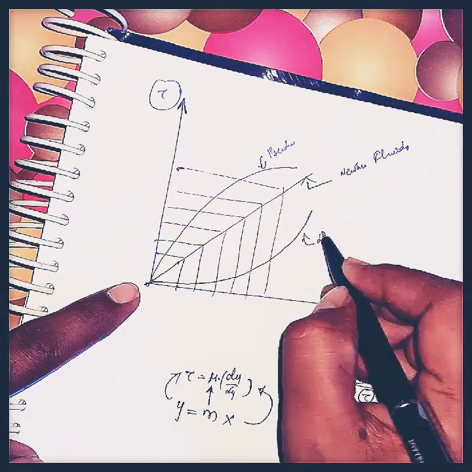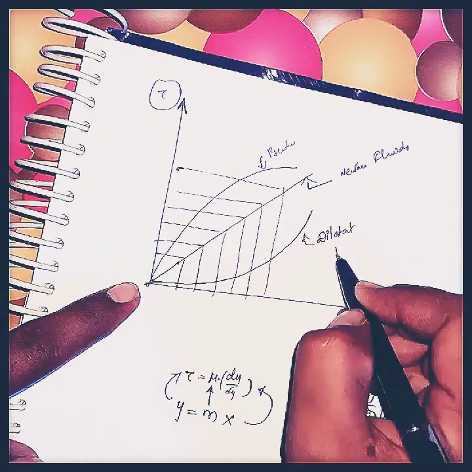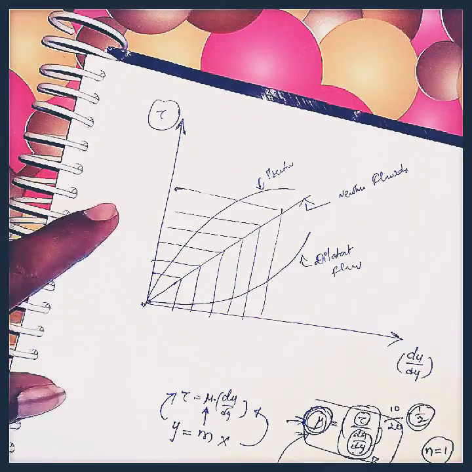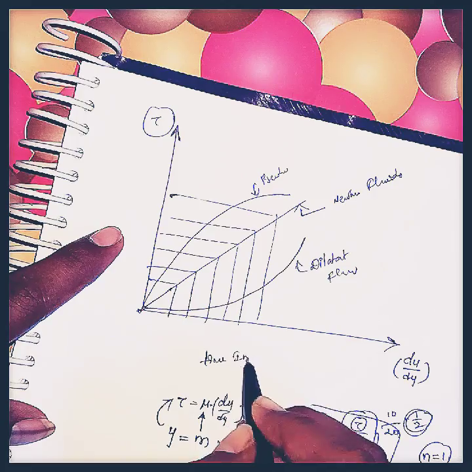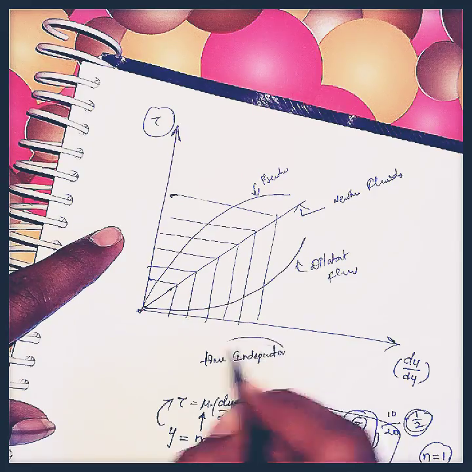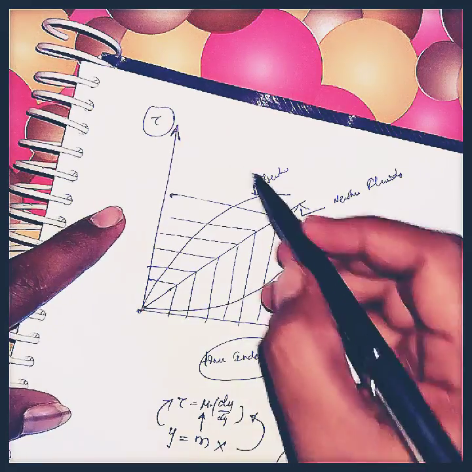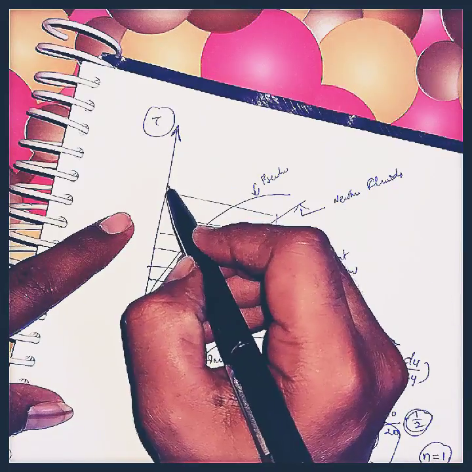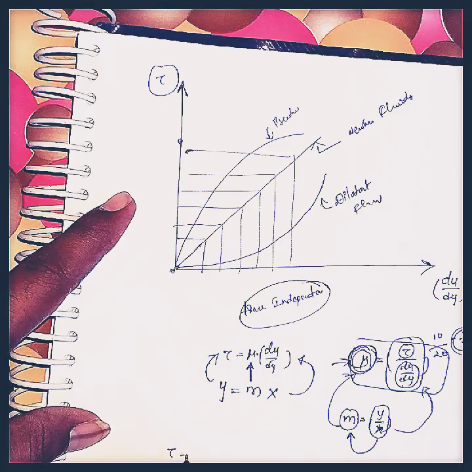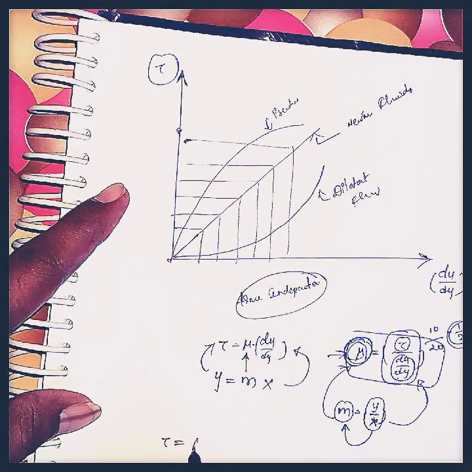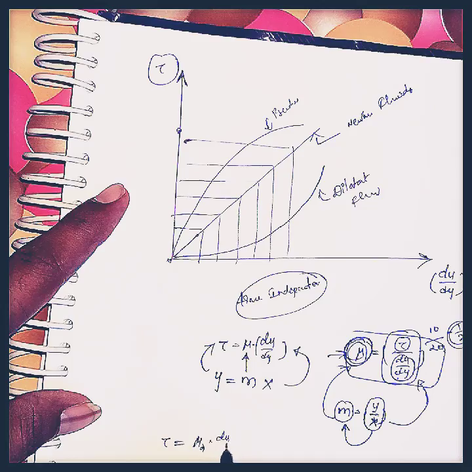And one more thing, Bingham plastic also comes under time independent fluids. These are time independent fluids. And one more thing, that is Bingham plastic. For Bingham plastic, the value of the shear stress tau, actually for non-Newtonian fluids, tau equal to mu apparent into du by dy.